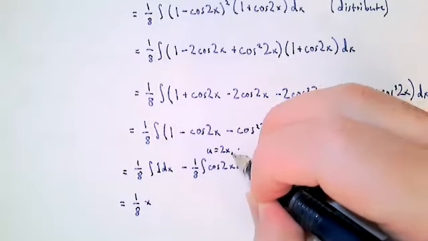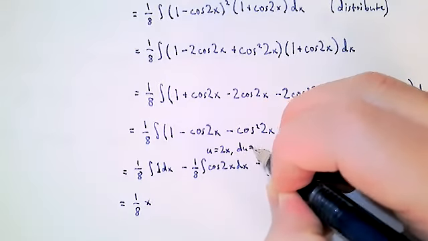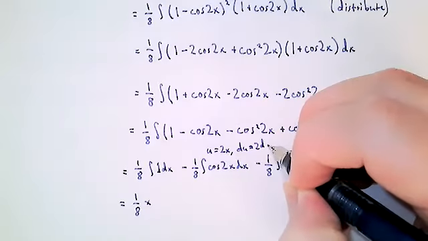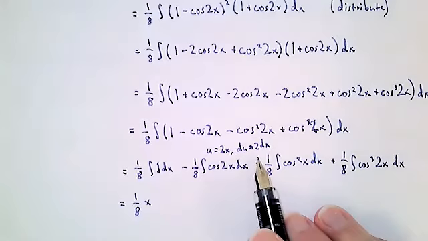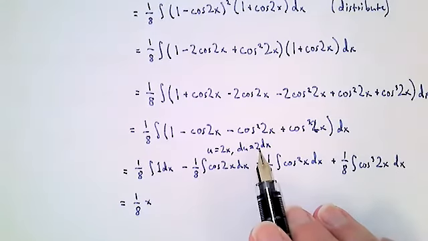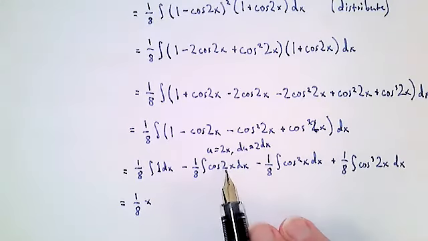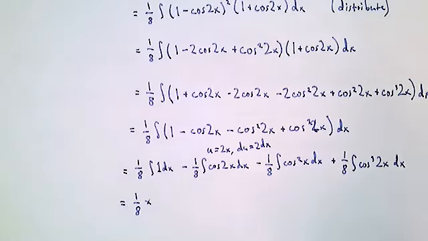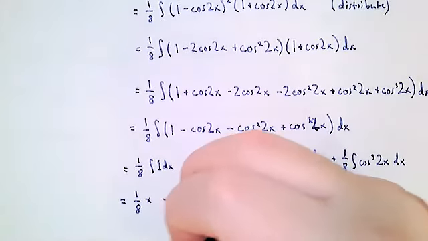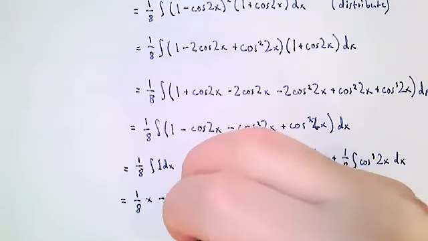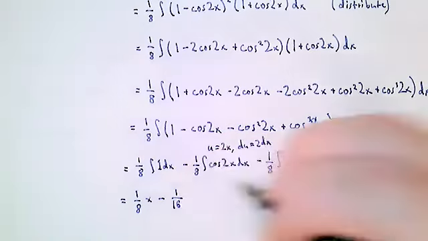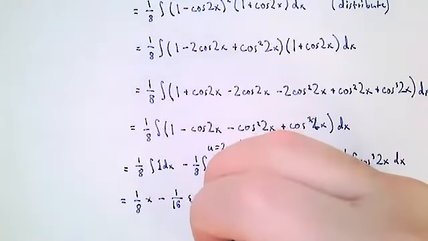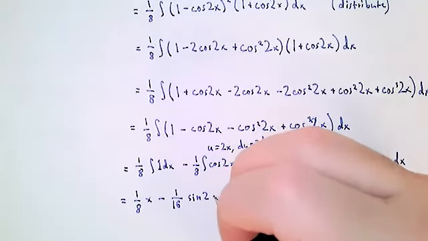You might be able to do this in your head. But the gist of the idea is that we'll have to divide through by 2, since there's a 2 inside of the cosine function. So we end up with a minus 1 over 16, and then sine of 2x.